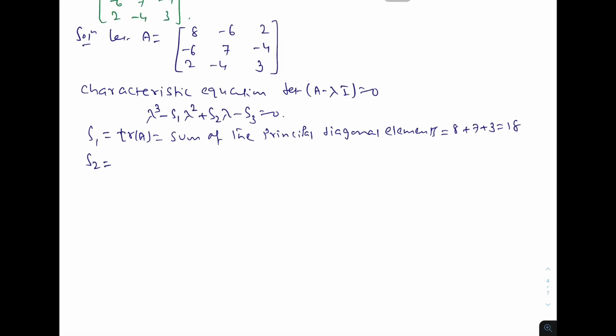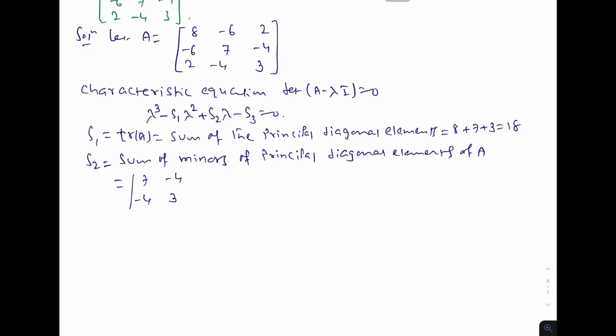S2 is the sum of minors of principal diagonal elements. And that is nothing but the minor of 8. So here we have these 4 elements, so that is 7 times 3 minus 4 times 4.